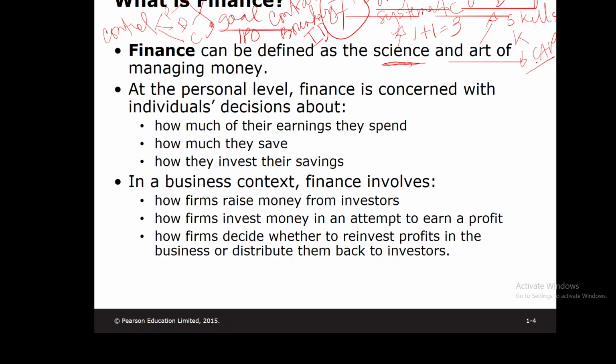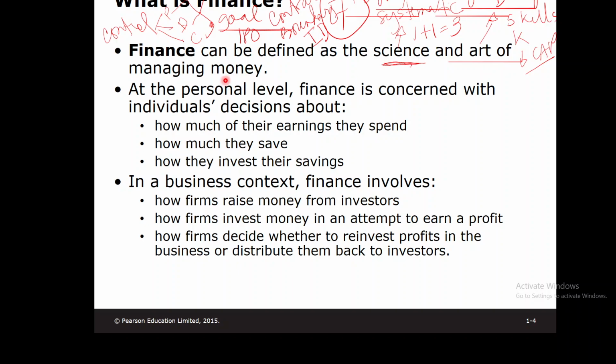Concepts, assumptions, and principles. Okay? So why art? Because we need to have the skills, the knowledge, and it has to be shown in visual form. Then the last item, the last word that you have to explain if you are in finance is money.